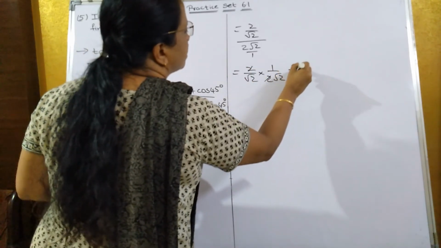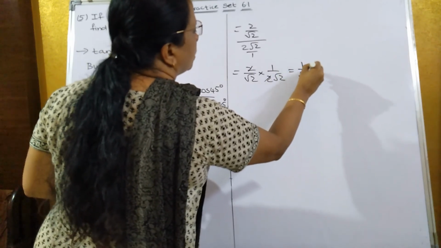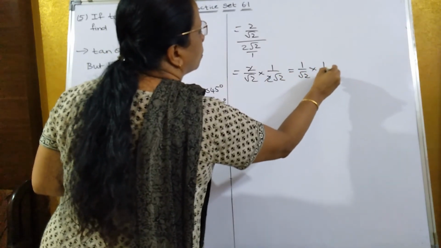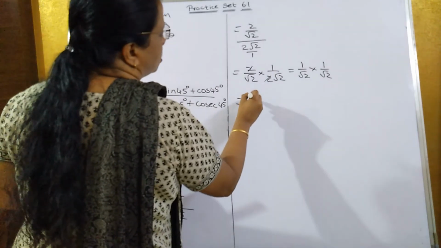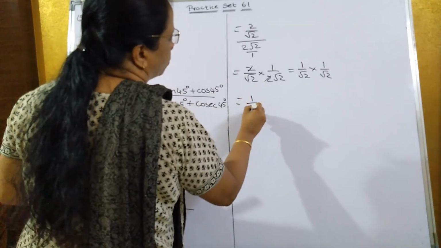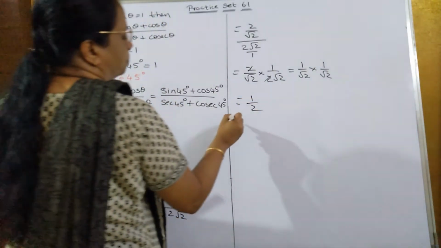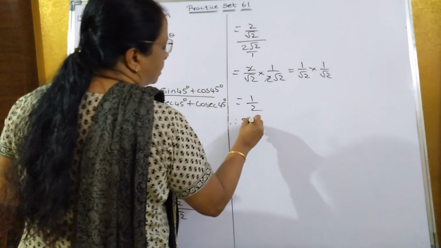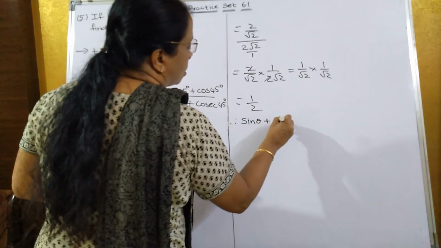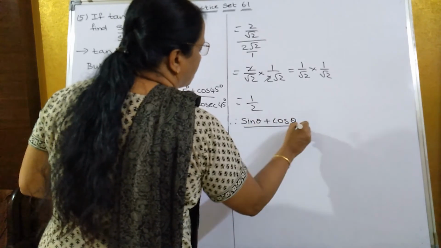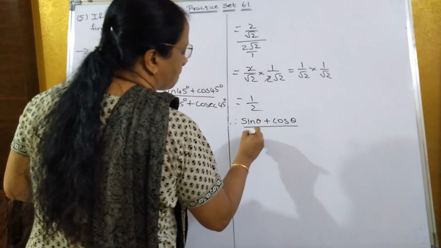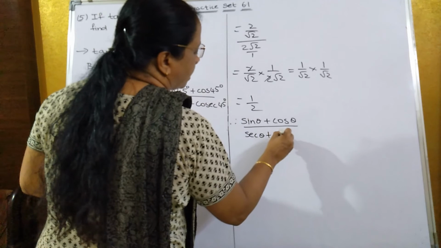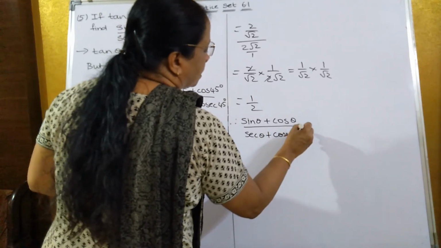So that's equal to 1 upon root 2 into 1 upon root 2. 1 into 1 is 1, root 2 into root 2 is 2. Therefore, (sin theta plus cos theta) upon (sec theta plus cosec theta) is equal to half.